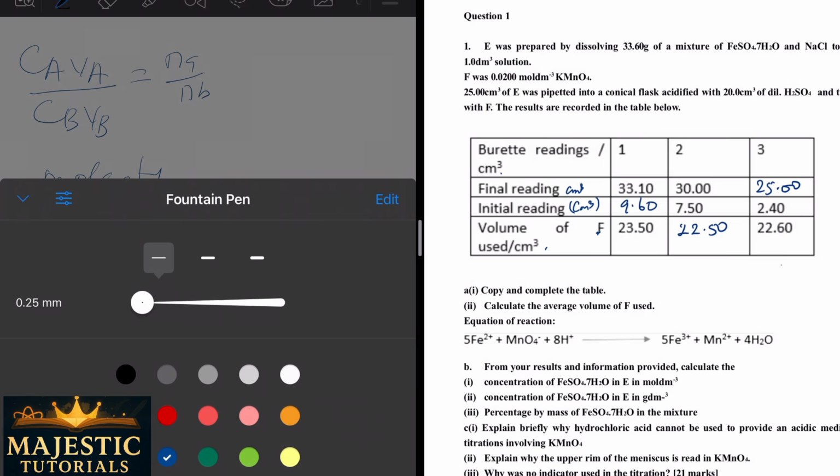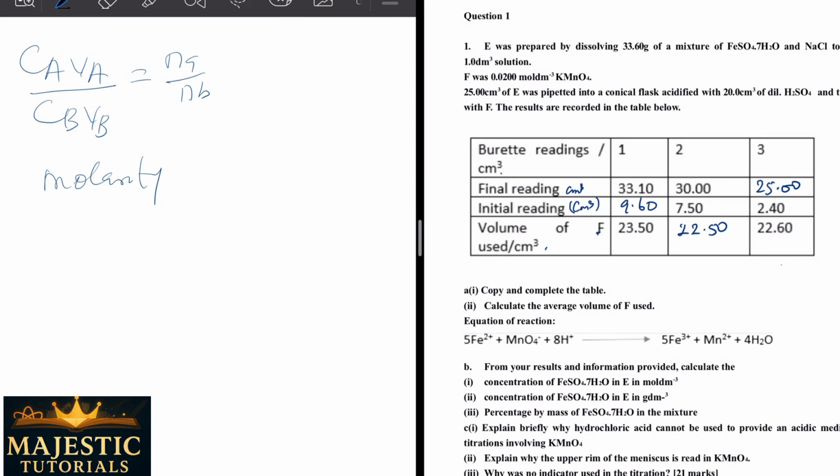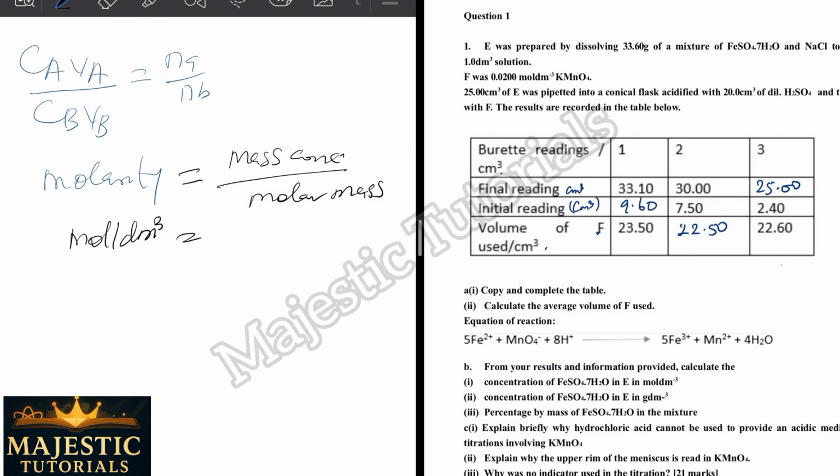Relating that molarity is equal to mass concentration all over molar mass, which in unit means that mole per dm cube is equal to gram per dm cube all over gram per mole. So this formula should be in your head.